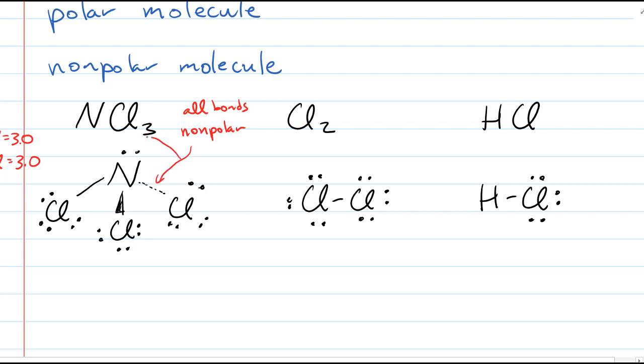This one's nonpolar, this one's nonpolar, this one's nonpolar, once again because the electronegativity values in all cases are the same. When the electronegativity is the same, what we say is that the molecule itself is nonpolar. So this is an example of a nonpolar molecule.